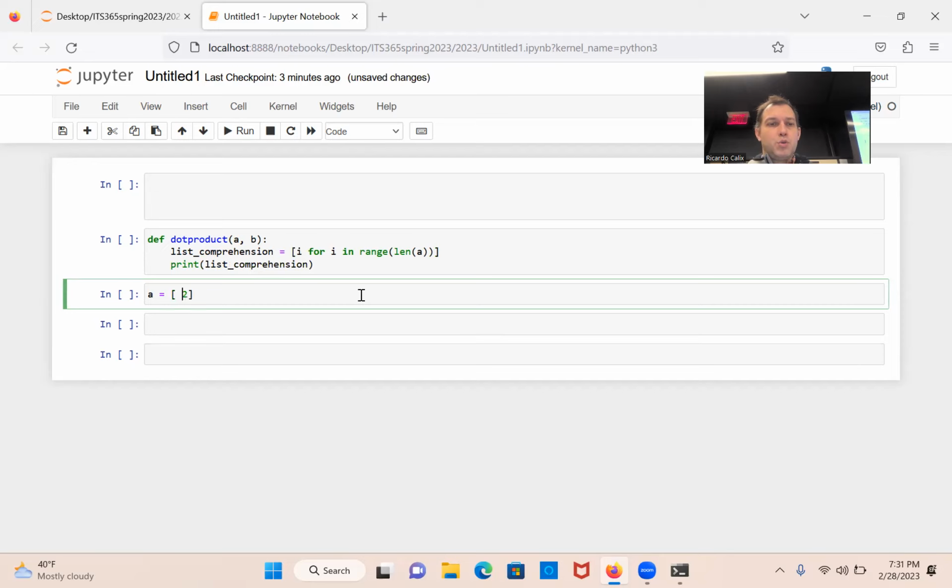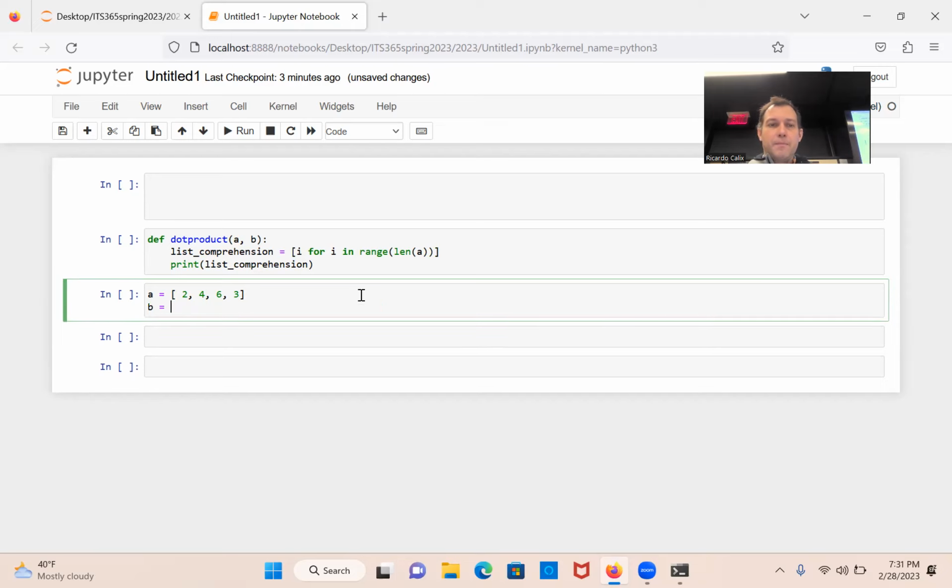I'm going to do A as 2, comma, 4, comma, 6, comma, 3, right? And then I have B, and that's going to be 1, comma, these would probably be smaller values like decimals if they're the weights, but 7, comma, 3, comma, 2. Do you see that? So the two vectors are there.